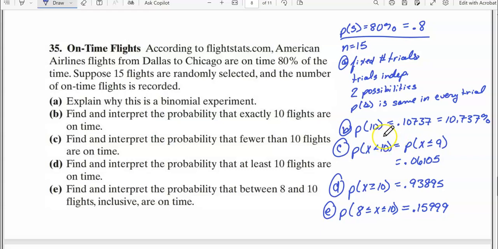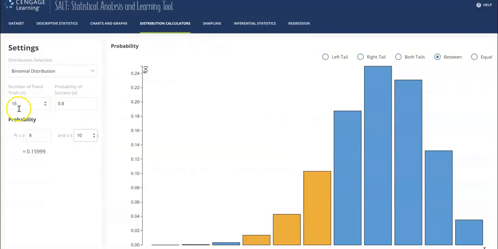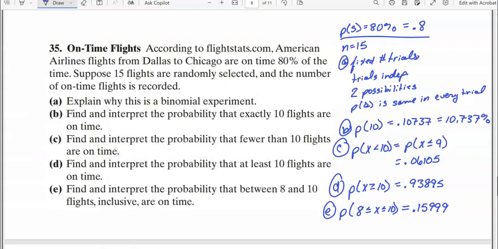Let's double check that part B, that first one, because I had my n incorrect just a second ago and I had to fix it. So we want the probability of equal to 10 in part B. Now I get 0.10318.